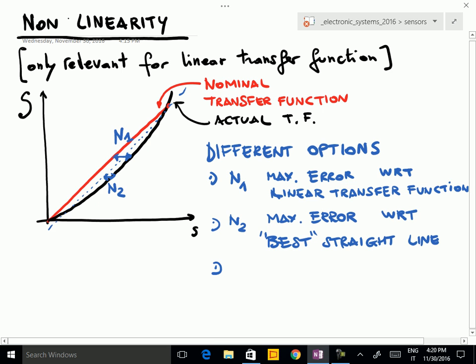Or sometimes we have, this is less common, let's say maximum deviation with respect to the internal calibration.